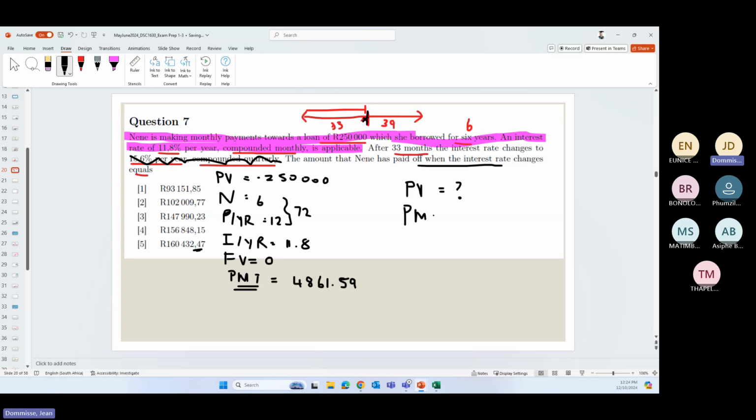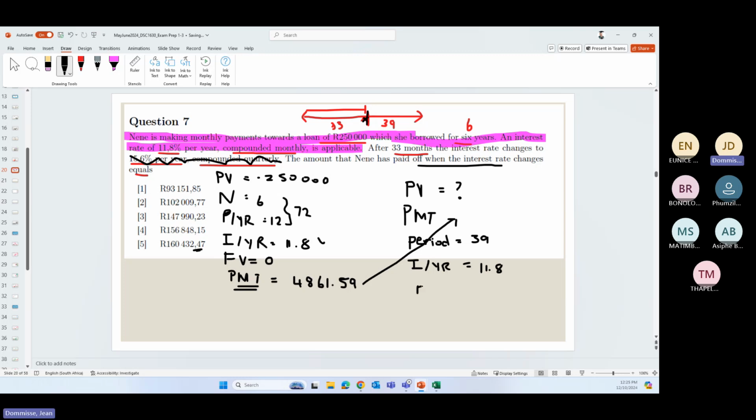I've got my PMT, that is that component. Then I still have my interest, which stays the same. The number here is 39 periods. So we can check what that is in how many years. The interest is still 11.8 because I still want to find out, before we change, what was the present value.